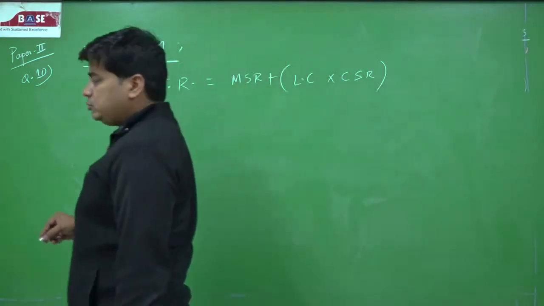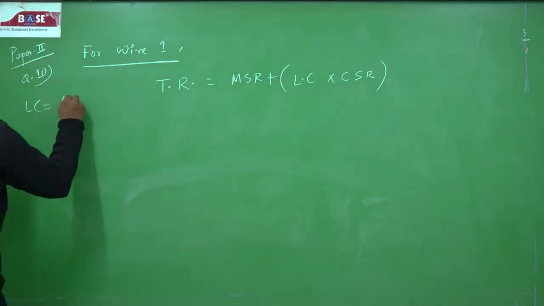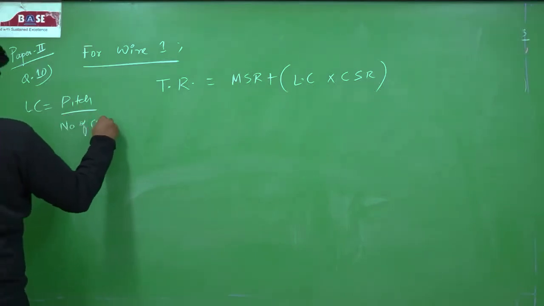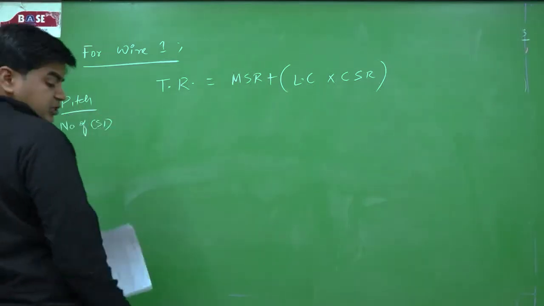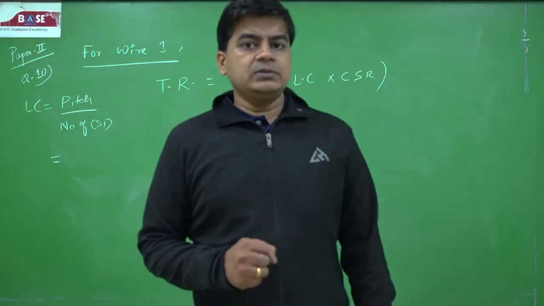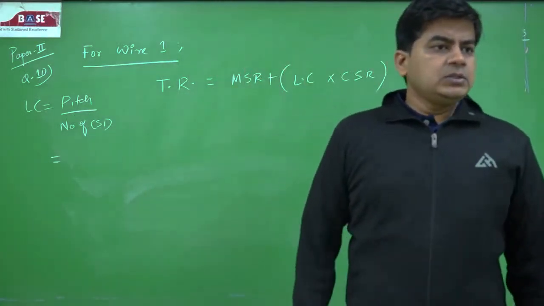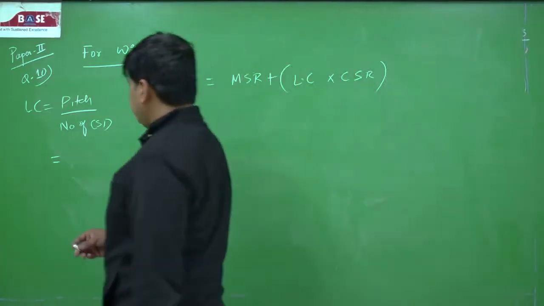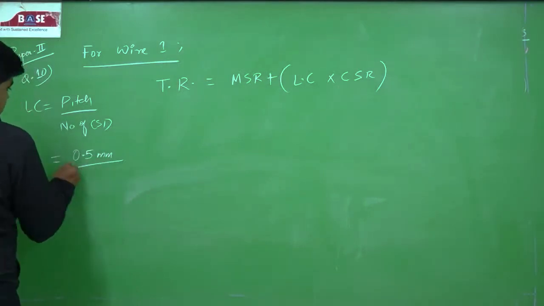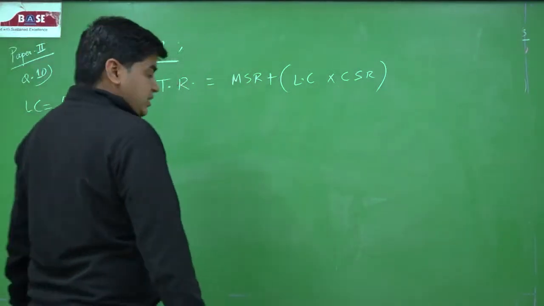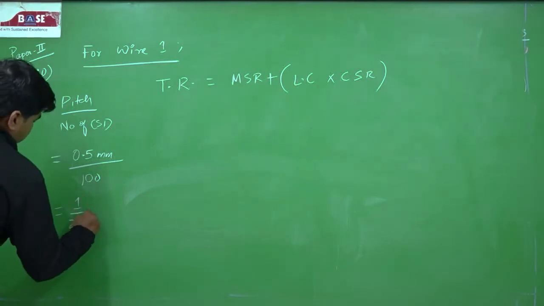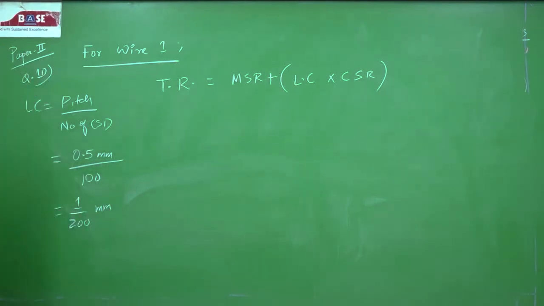Least count equals pitch divided by the number of circular scale divisions. Pitch is given as 0.5 mm and circular scale divisions are 100, so you'll get 1 by 200 mm.